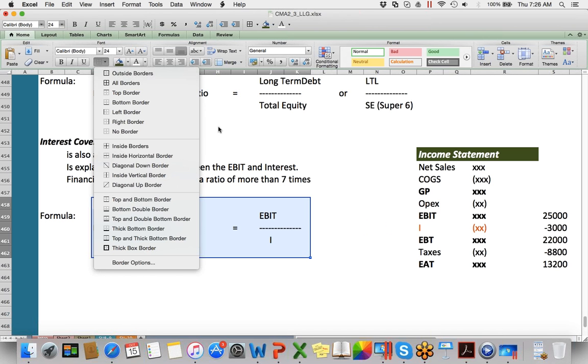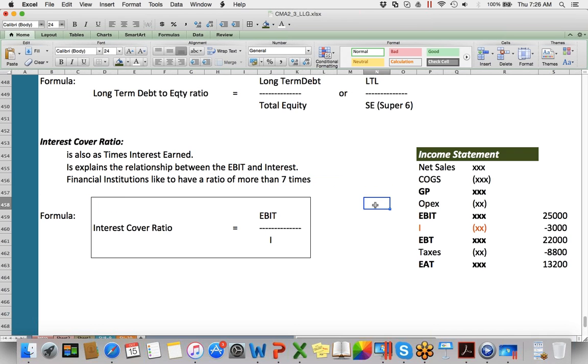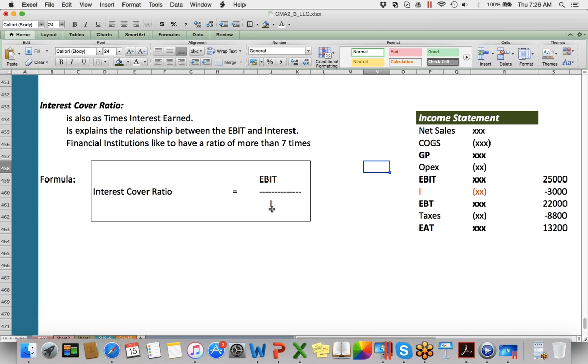Almost in every examination we have this. EBIT over I. So if you calculate EBIT over I, 25,000 divided by 3,000, it gives you 8 point something, 8.33. It's a good sign.